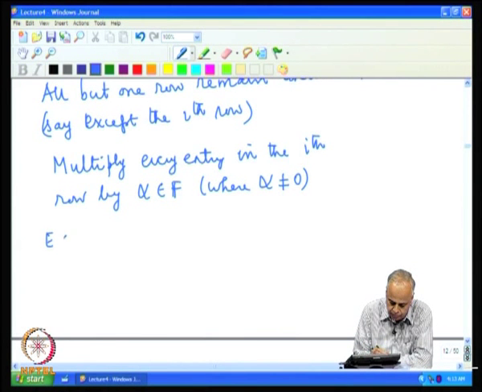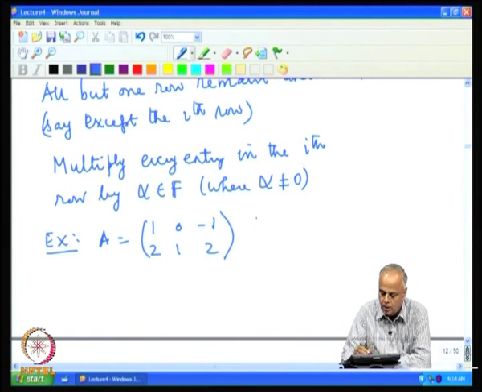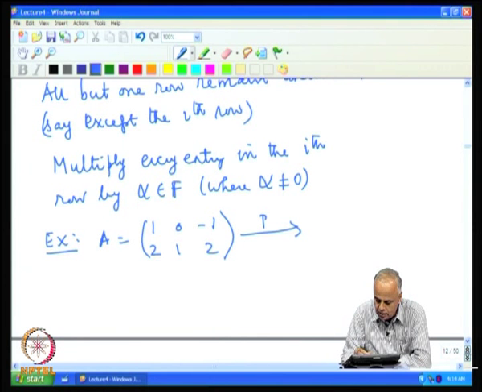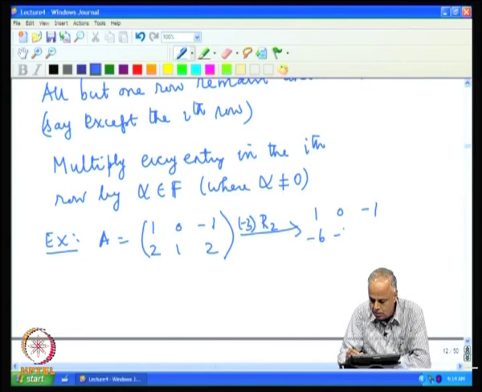For example, let us take the matrix 1 0 minus 1, 2 1 2. Let us say we are going to change the second row. What is the change we are going to make? We are going to multiply every entry by minus 3. So, what do we get? 1 0 minus 1, minus 6 minus 3 minus 6.